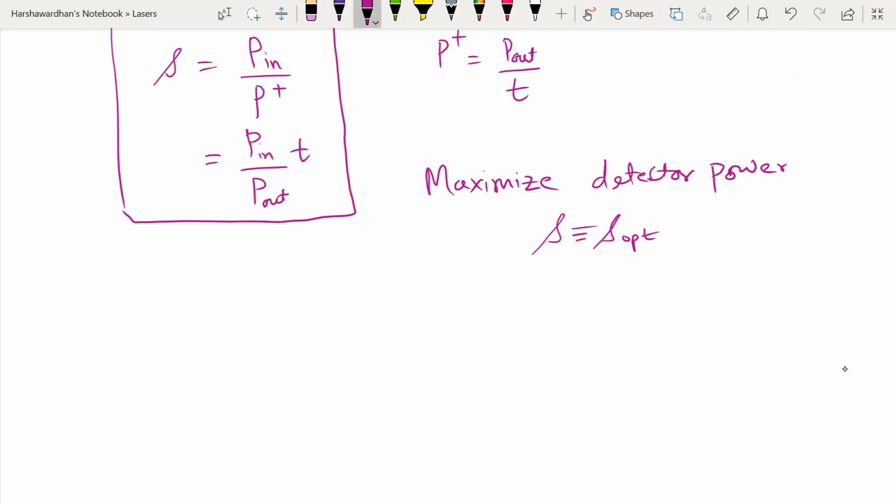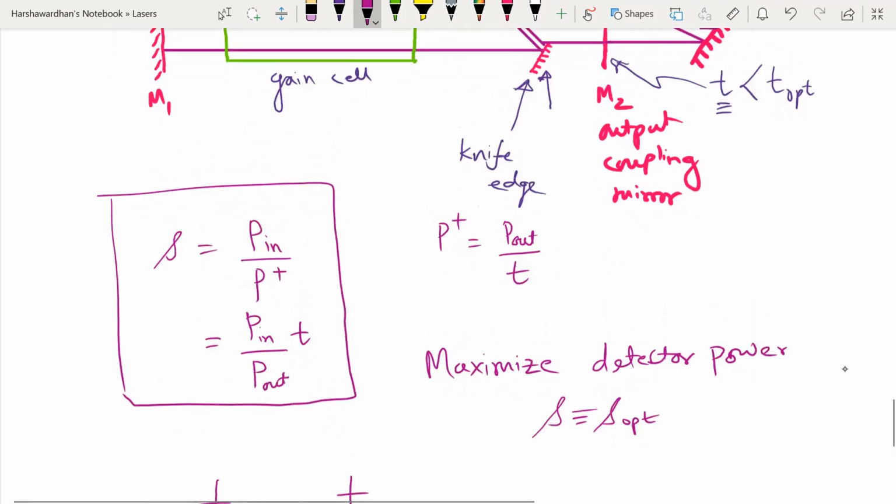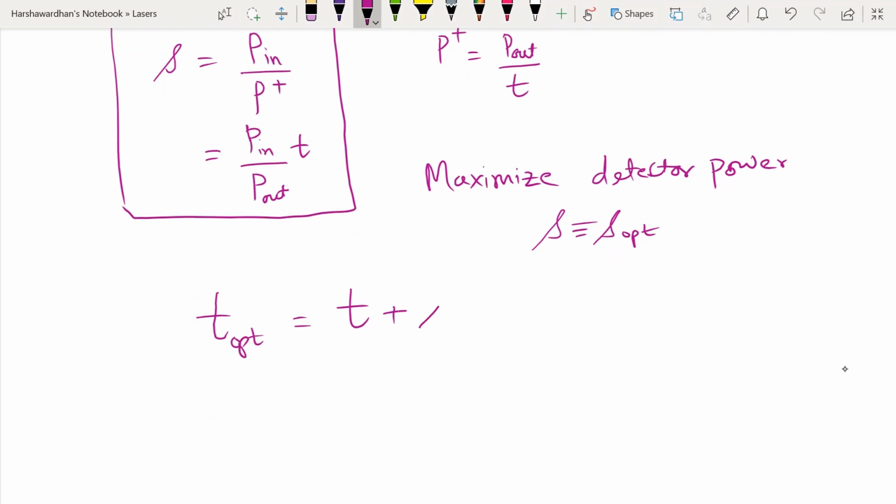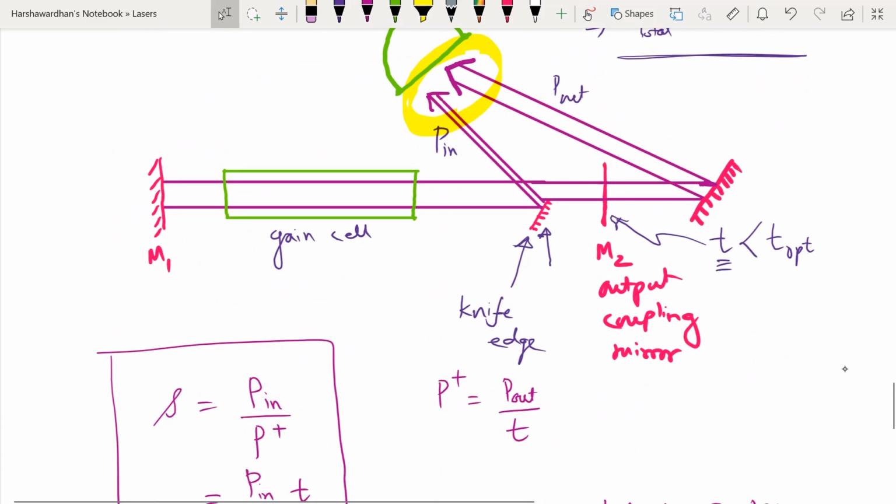So my T optimal now becomes the T I have chosen for the mirror, which was less than the T optimal, plus S optimal. This is the new design of the mirror I need to obtain optimal output from such a laser.